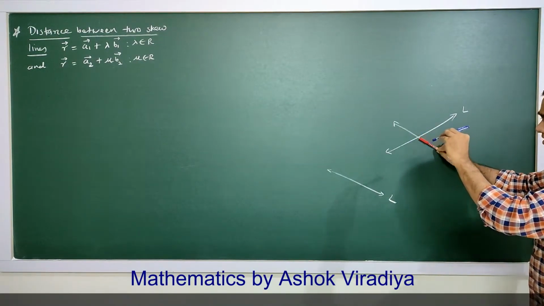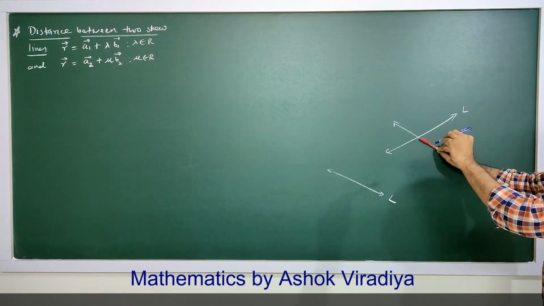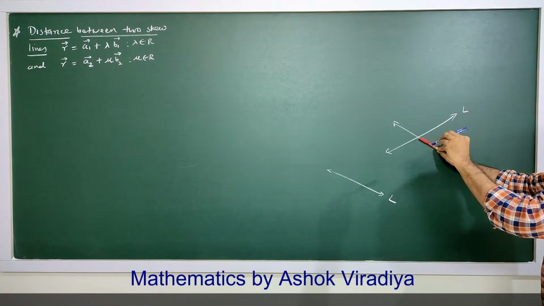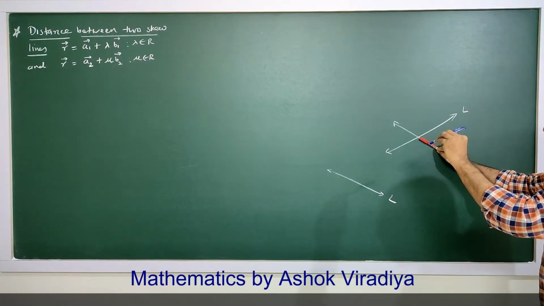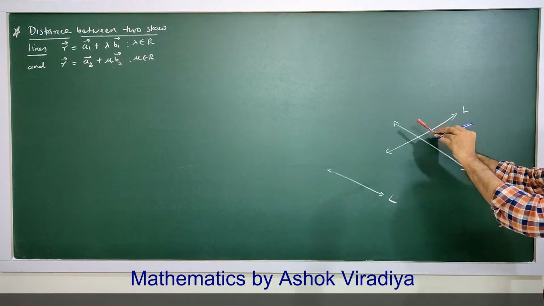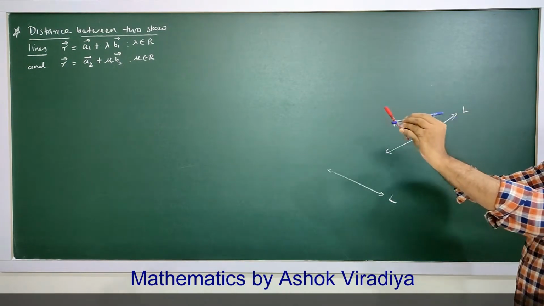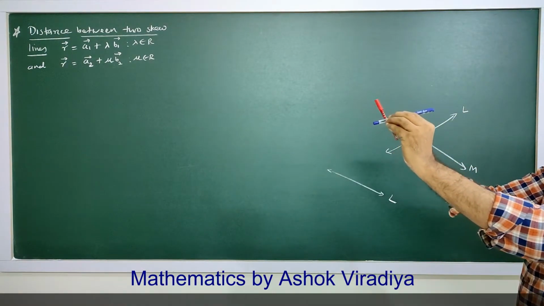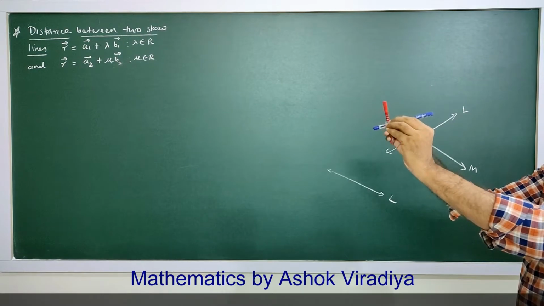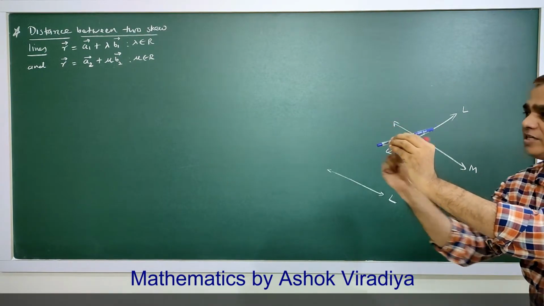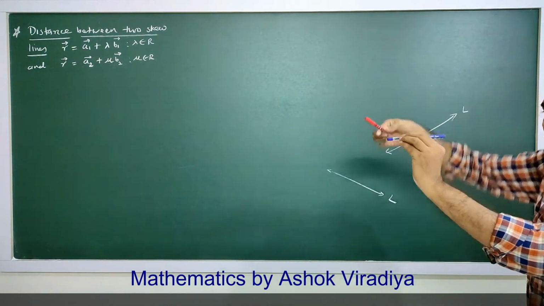Now see what happens. These lines are neither parallel nor coplanar. They do not lie in the same plane. So these lines are skew lines. There is a distance between them. They are not parallel.